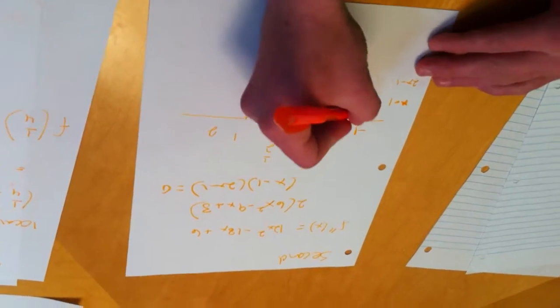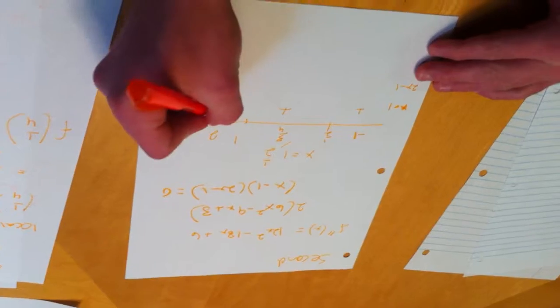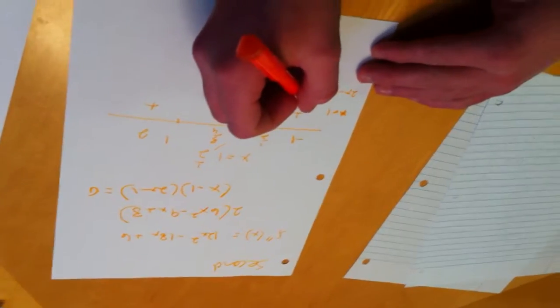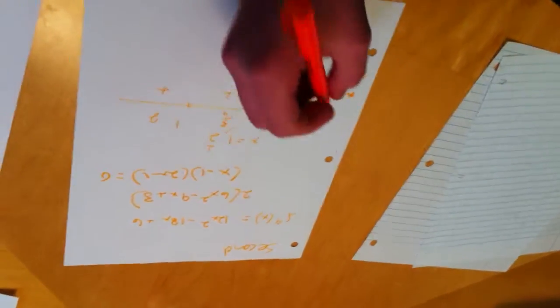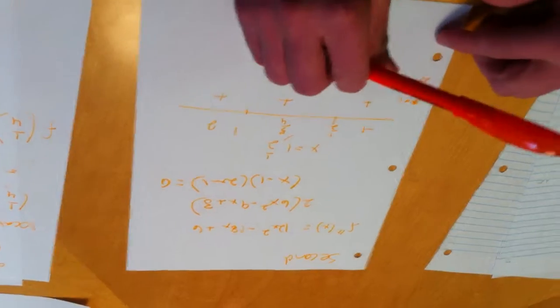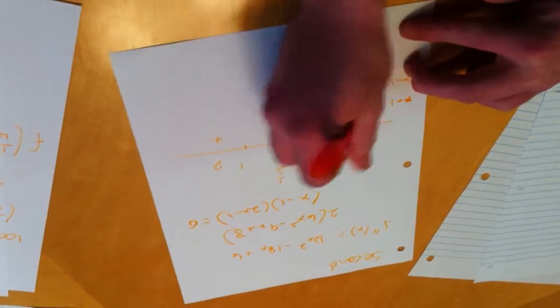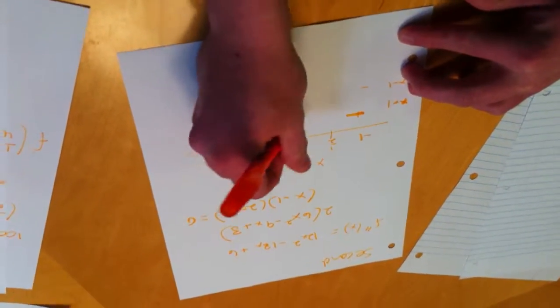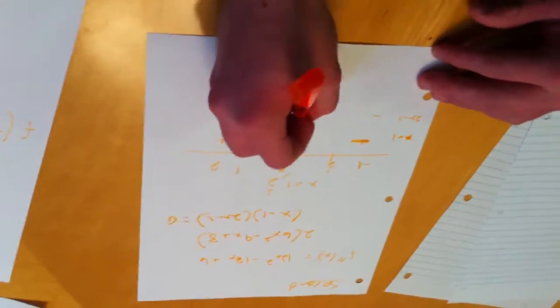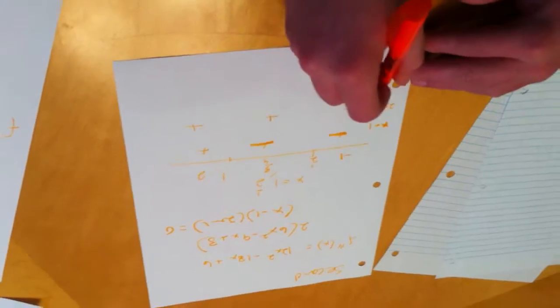You end up getting negative, negative for the first, and for 2x minus 1 you get negative, positive, positive.